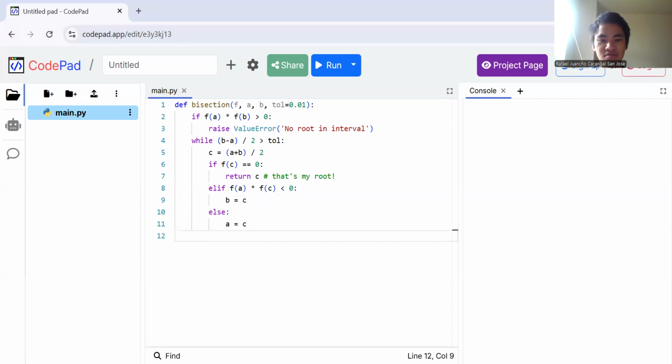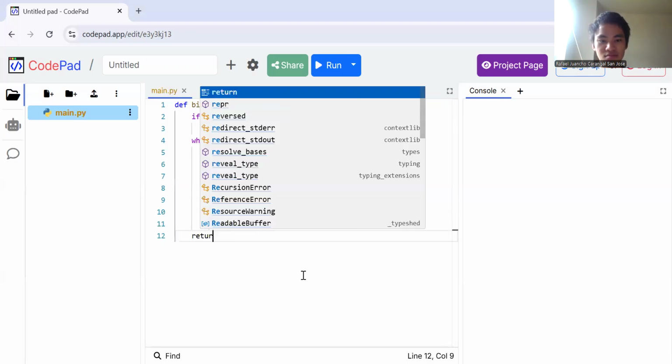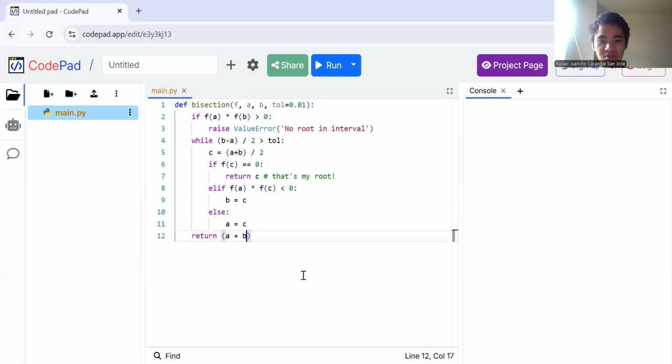Oh yeah, I just return this a plus b divided by 2, right? Okay, yeah, so that's my root. That's it, right? Now let's try to actually do an example.